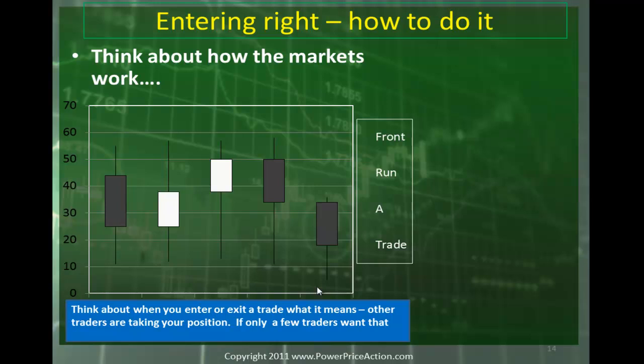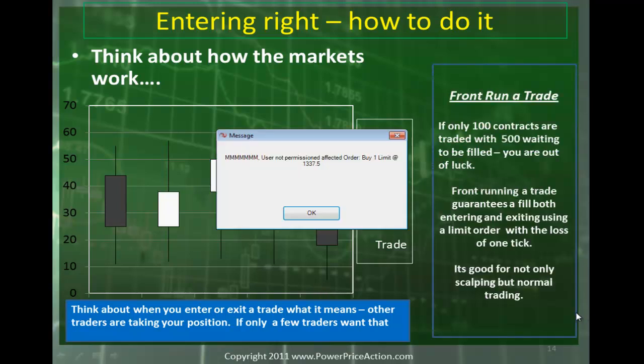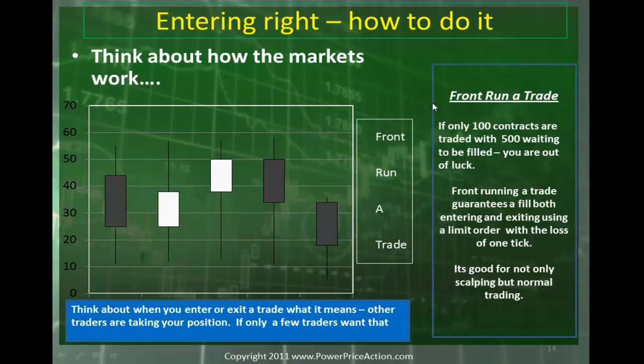Front run a trade. And when I say front run a trade, I mean lower your profit objective by a tick or 2 in order to guarantee a fill. And that's what front running a trade is all about. So when you don't front run a trade, if only 100 contracts are traded with 500 waiting to be filled, you are out of luck.